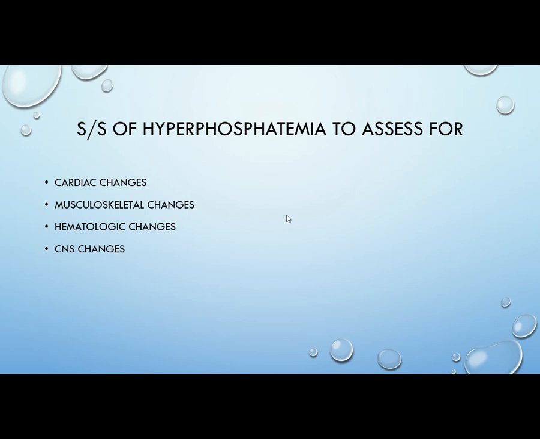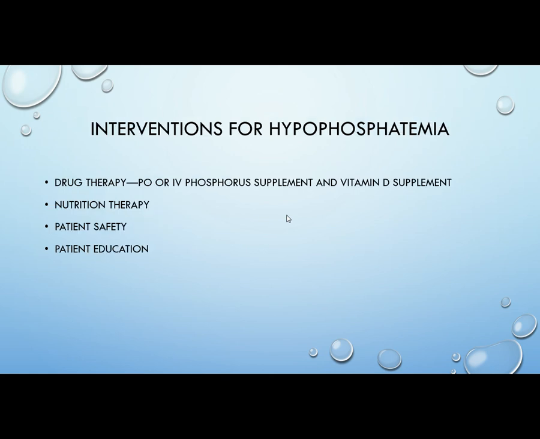Alright, now let's move on to interventions for hypophosphatemia. In this, you're going to stop the antacids, the osmotic diuretics, and any calcium supplements. They might have IV phosphorus given if the serum level falls below 1 milligram per deciliter and the patient has serious manifestations.